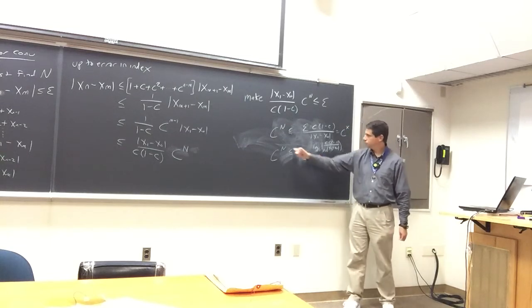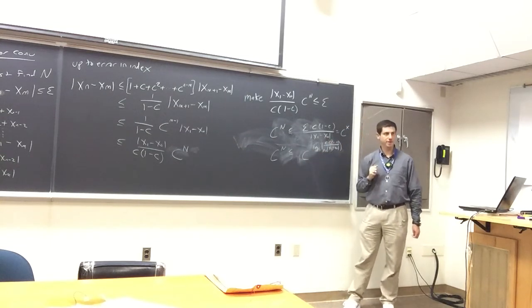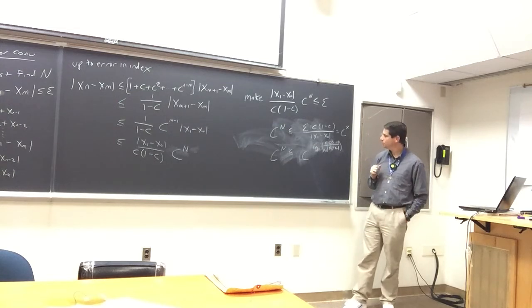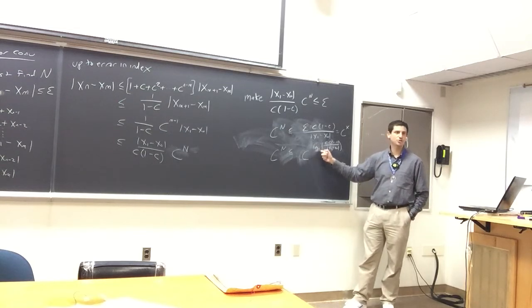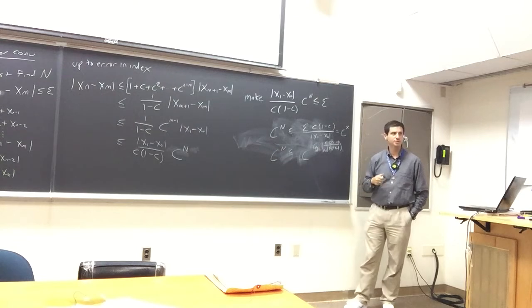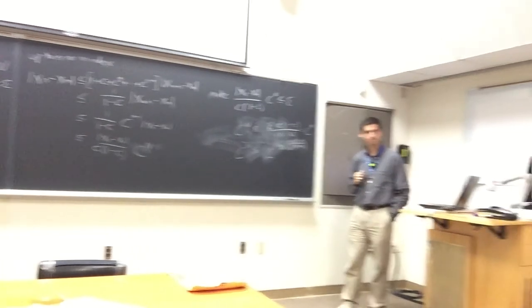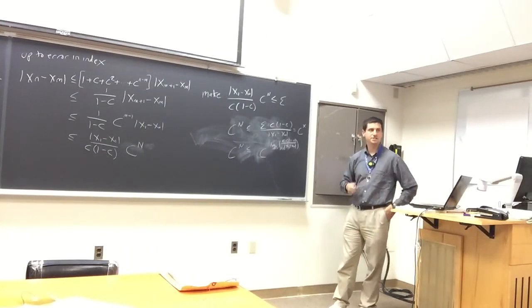And now, as long as n is greater than or equal to this, I'll be fine. What's making this a little bit confusing is c is less than 1, so when I take the log of that, in terms of the signs of things, you just need to take n sufficiently large.